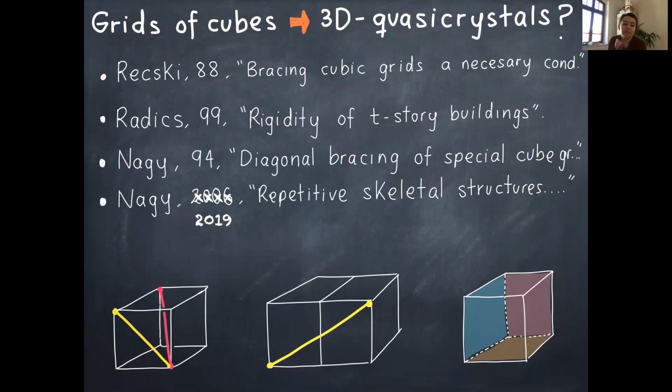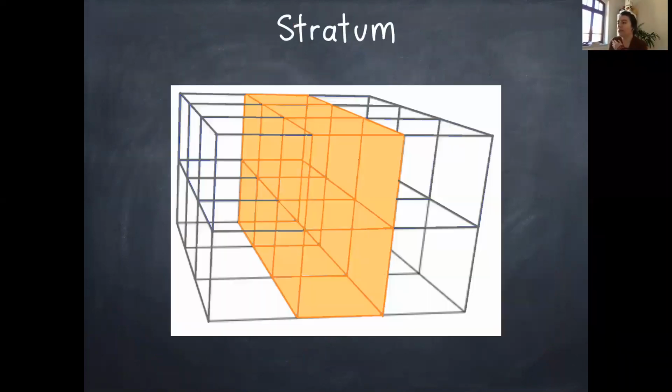So the attempt that we did to try to do this was to formulate the following. We define this concept of stratum. A stratum for us is the generalization of the concept of ribbon.